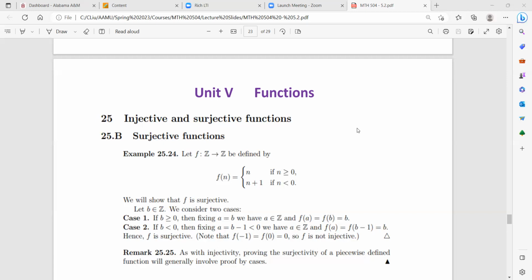In other words, you can always find an element in the domain to map to any element in the codomain under a function f.